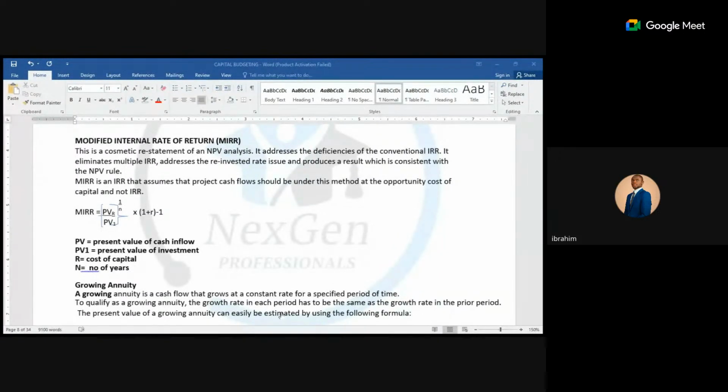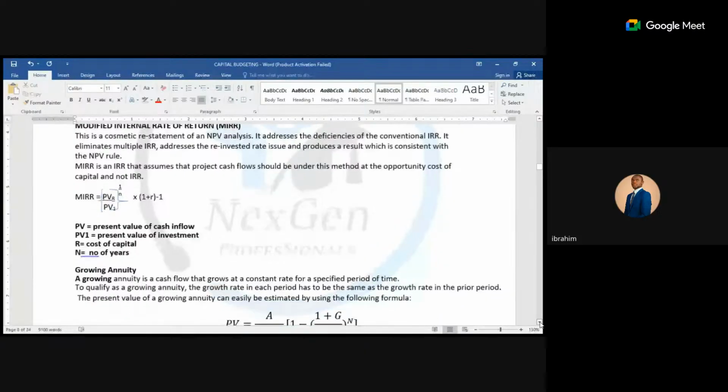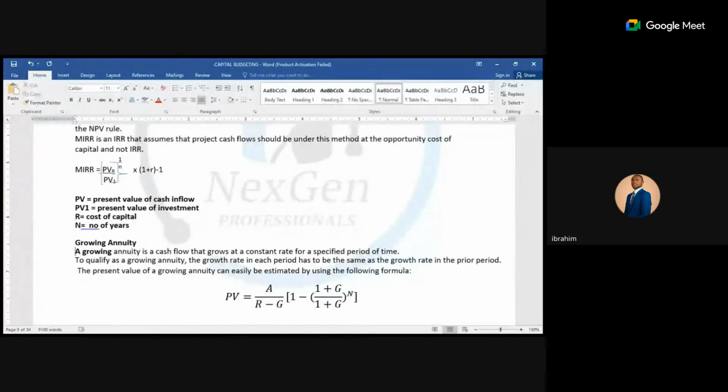Because of time, you can't start from year 1, year 2, year 3, year 4. When will you finish that? So the formula to use to get the present value is the growing annuity formula.